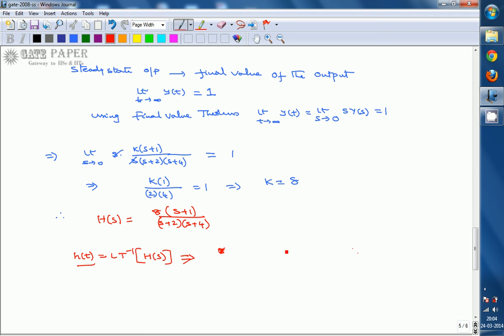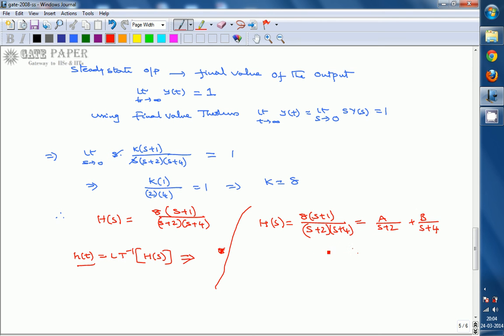Here H of s equals 8 into s plus 1 divided by s plus 2 into s plus 4. Applying partial fractions, this is A by s plus 2 plus B by s plus 4.